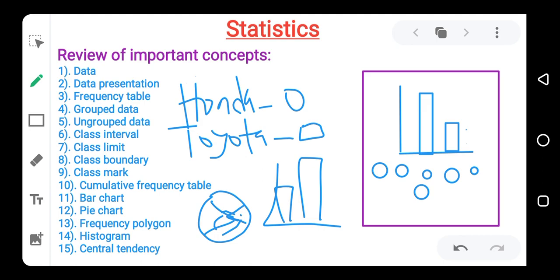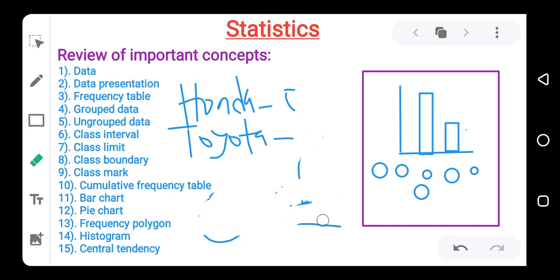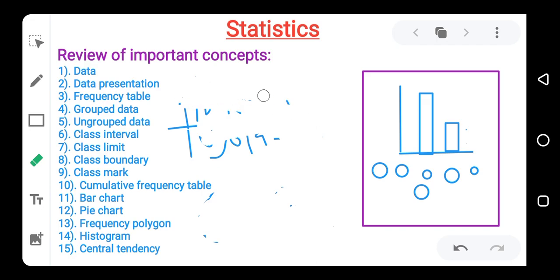Now, grouped data. Let me talk about ungrouped data first before I talk about grouped data. Maybe you are checking the weights of people in a class.